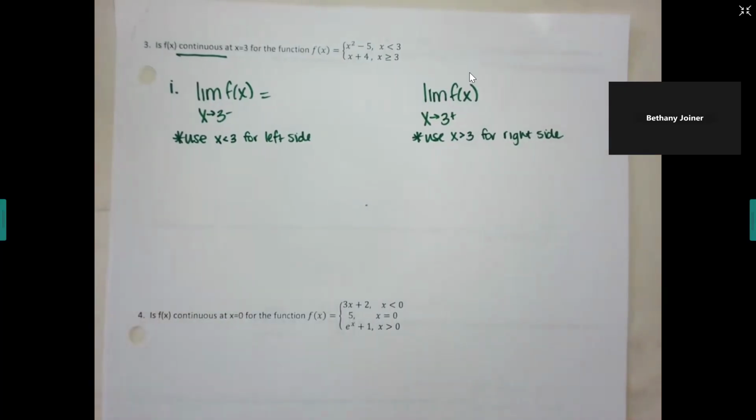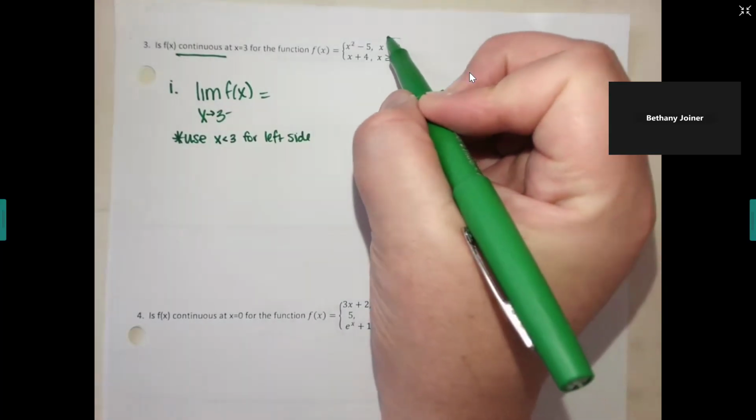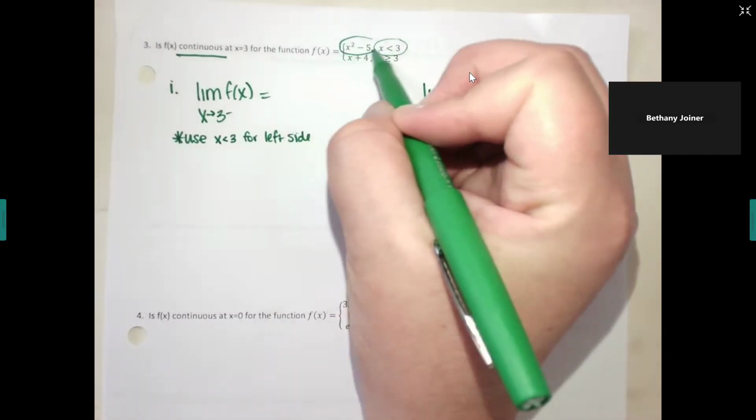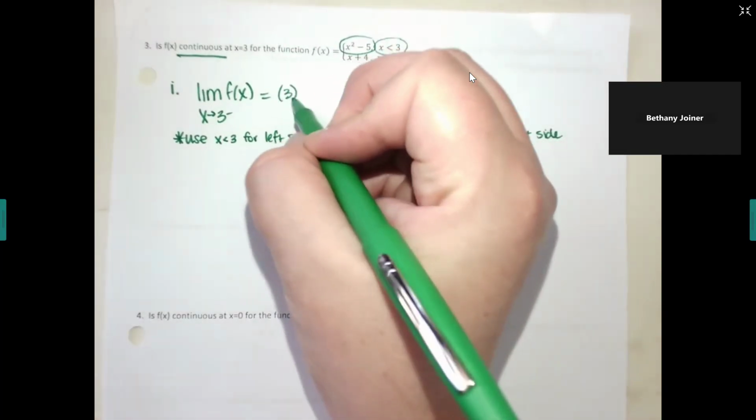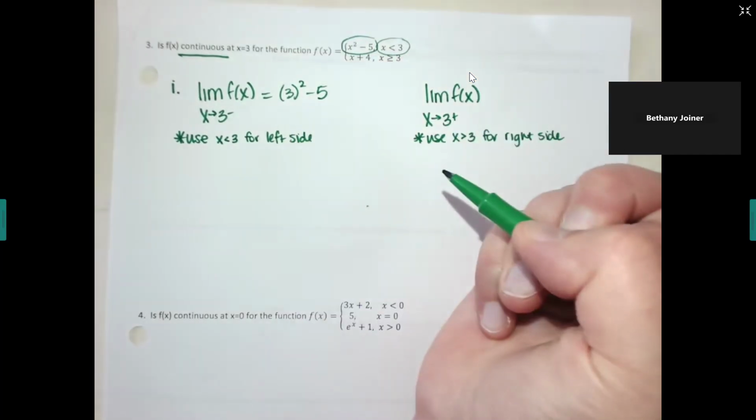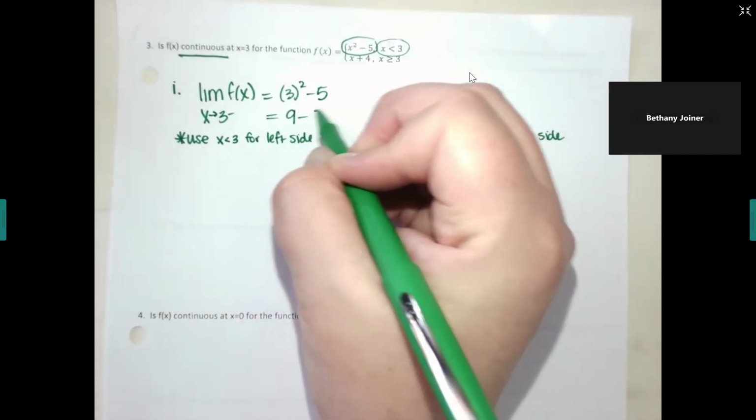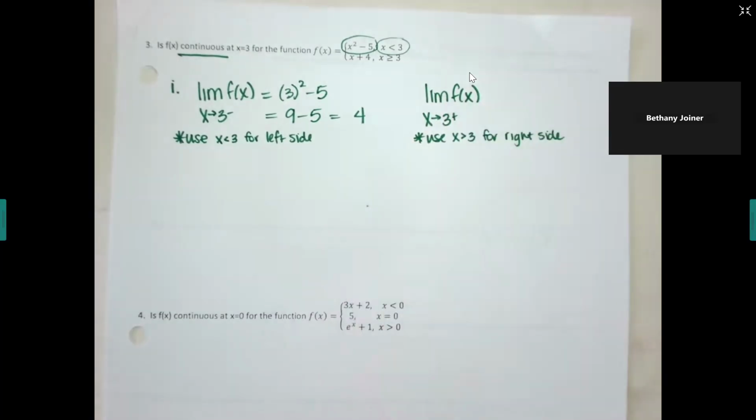So for my less than 3, which little shelf of my piecewise am I plugging into, top or bottom? For the left side, top, because that's where my less than 3 is. So I'm plugging into x squared minus 5. Now it's 3 squared minus 5. That's 9 minus 5, which is 4.